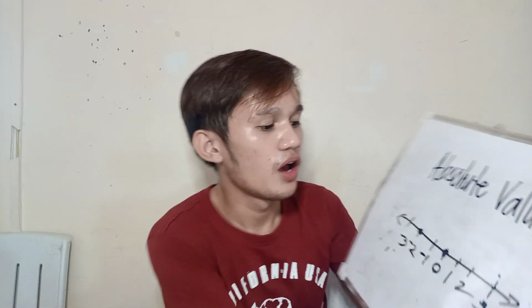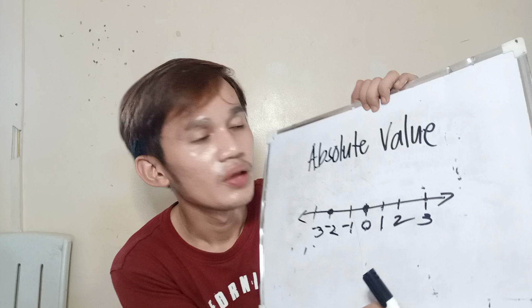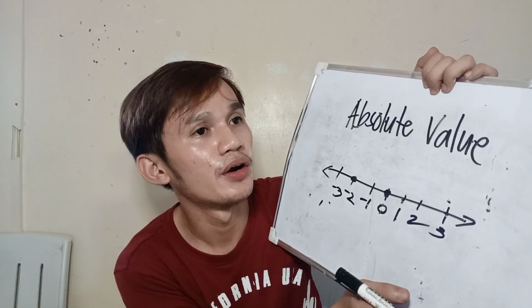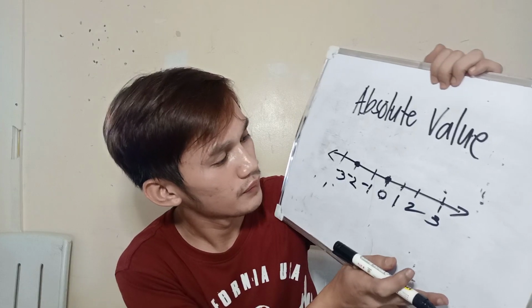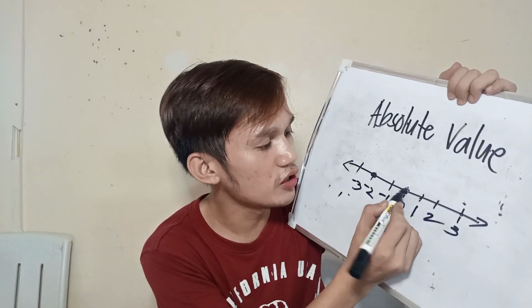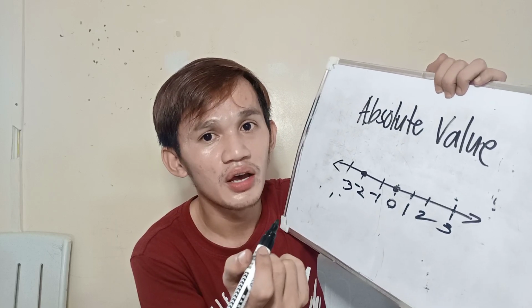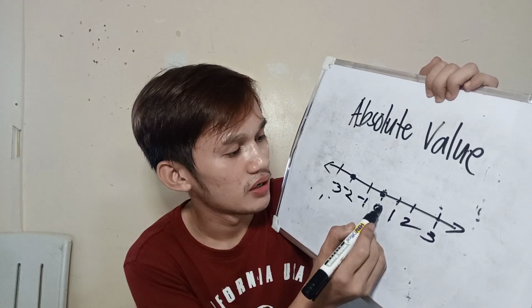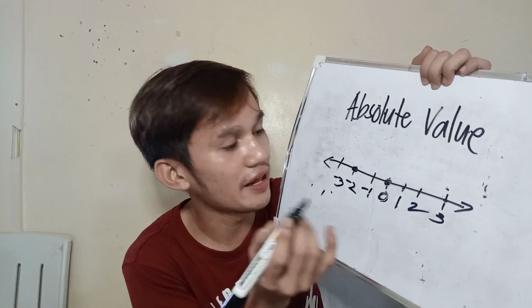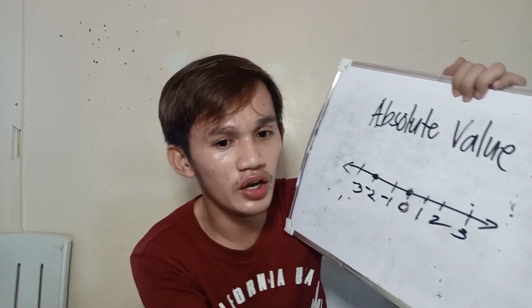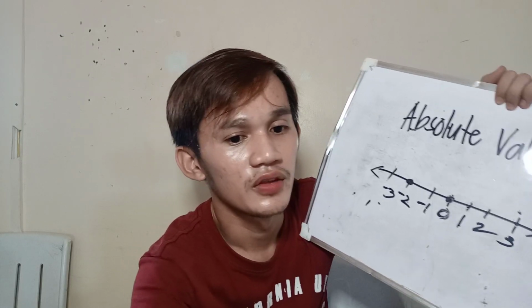Now, what if you were asked to identify a number which is 3 units away from 0? What are the numbers that are 3 units away from 0?